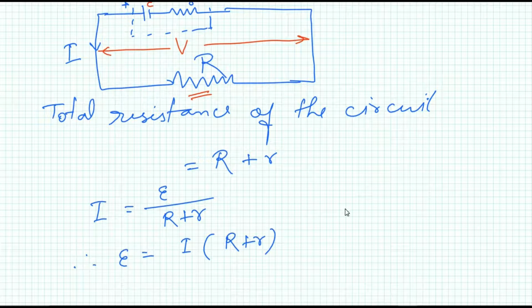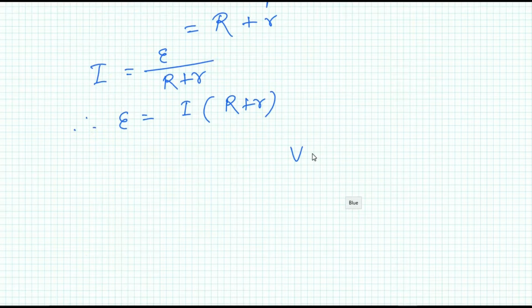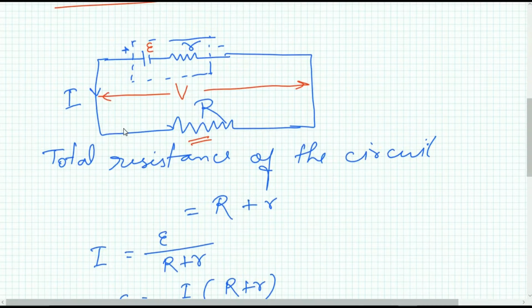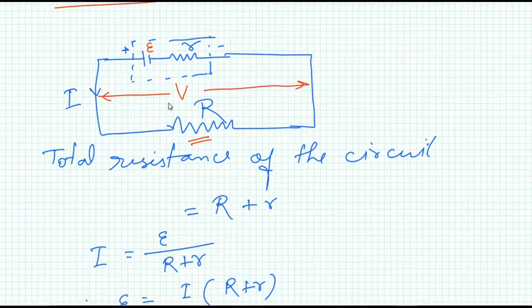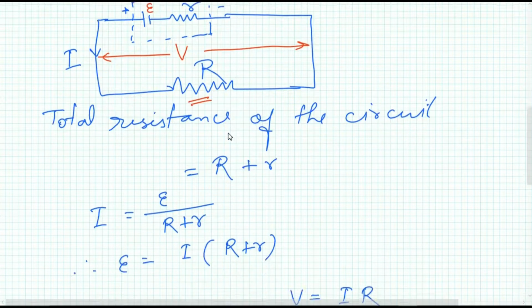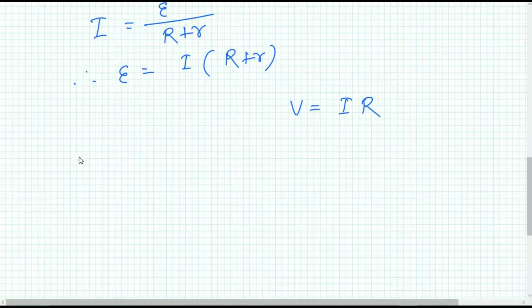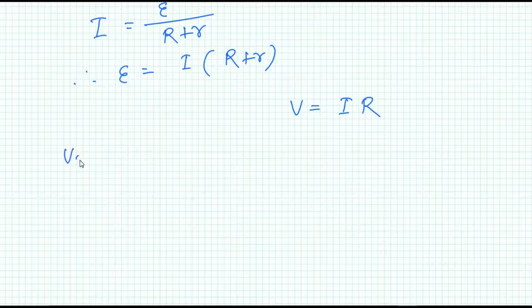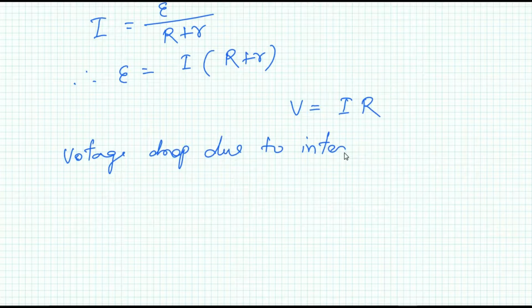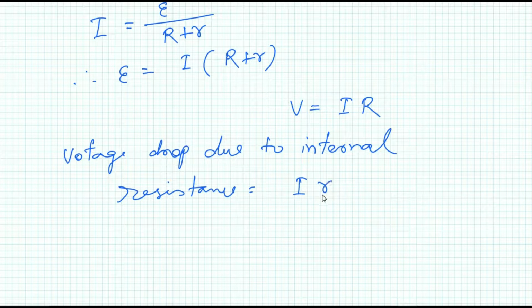Right, now we know that the terminal voltage of the cell is V, and V will be equal to I into R. So the terminal voltage will be the IR drop, that means the voltage drop across this resistance. And the voltage drop due to the internal resistance will be equal to I into small r.